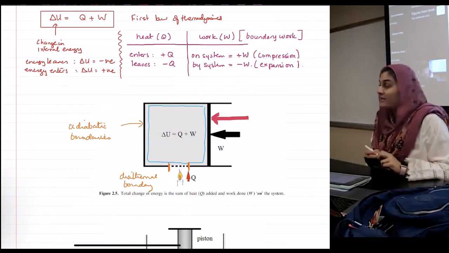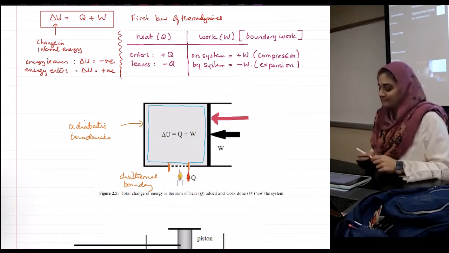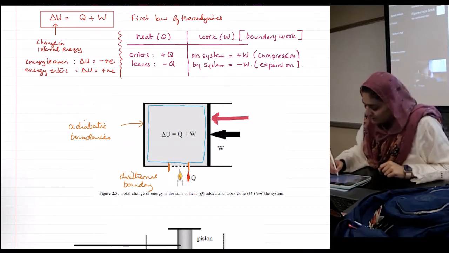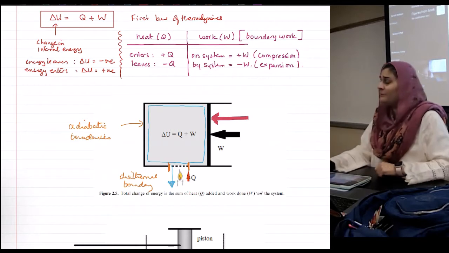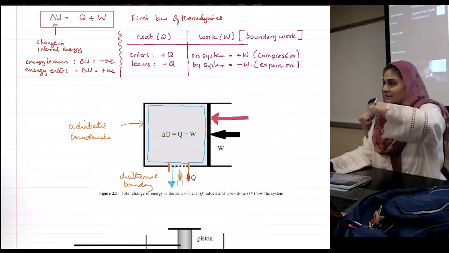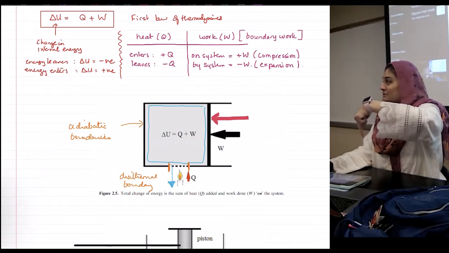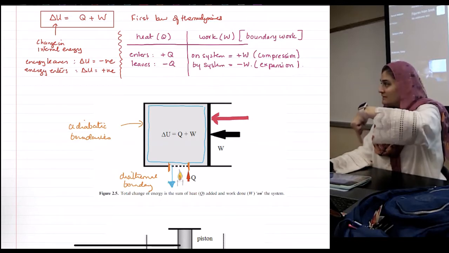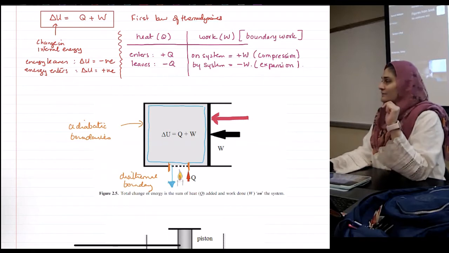Okay, on the other hand, when heat leaves the system, so when Q goes out of the system, number two, what will happen? What will happen to delta U? Goes down, right? That means the temperature of the system goes down. What about W?